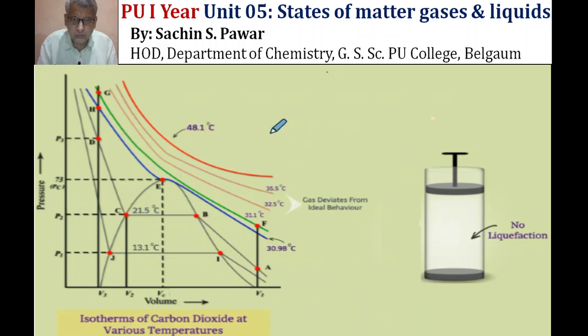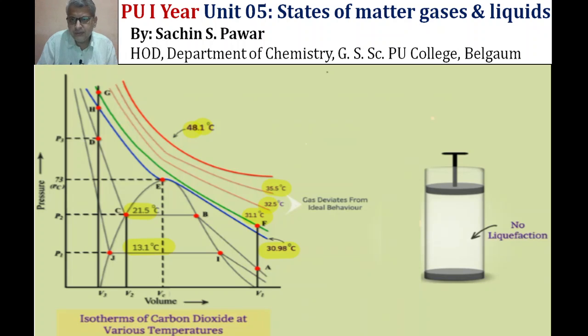Now here we have 48.1, 35.5, 32.5, 31.1, 30.98, 21.5, 13.1.